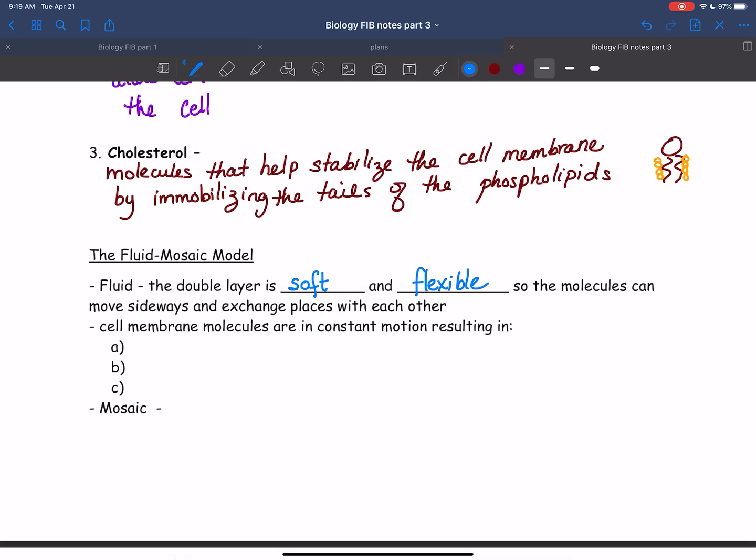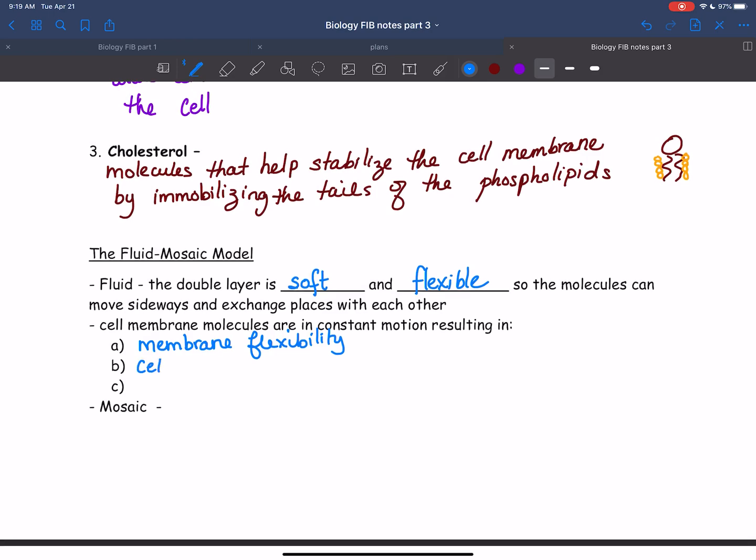So we have the cell membrane that is flexible. If you think about your skin, for example, and you press down on your hand with your finger, those cell membranes are flexible. They're moving out of the way. If they were solid, they could pop. And at that point, it would create damage. So we want the cell membrane to be flexible, to be able to move around, okay?